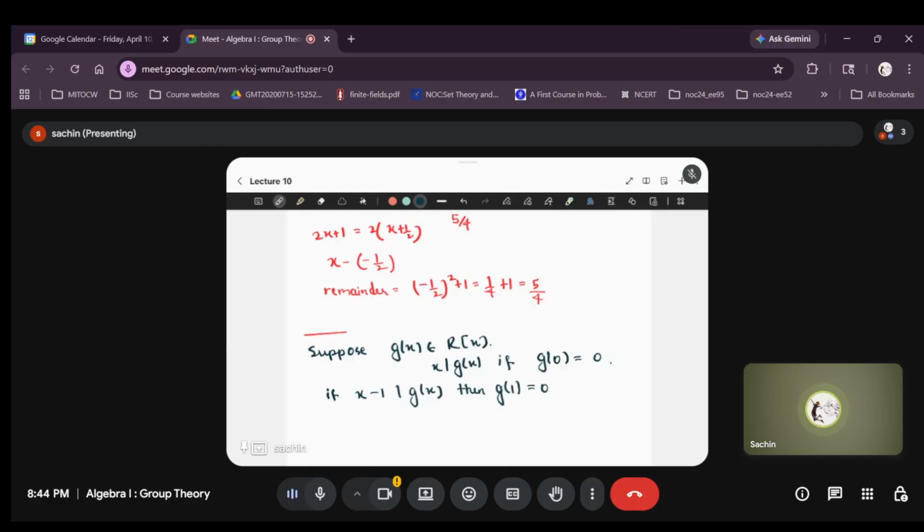So if you want to find whether x minus alpha is a factor, the remainder obtained by substituting alpha must be equal to 0. That's one way of finding out simple factors of a polynomial. And that will be useful later when we want to find out if a polynomial is an irreducible polynomial or not.